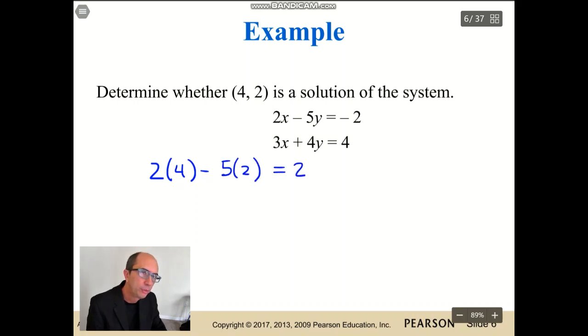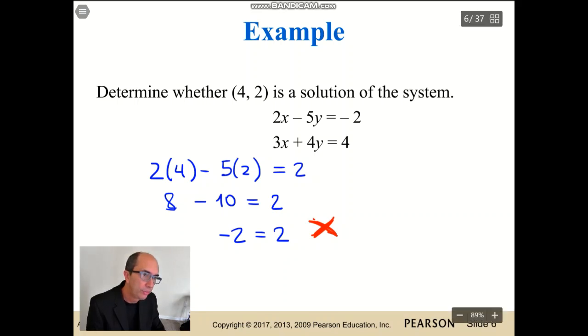Let's check. 2 times 4, 8. 5 times 2, 10. But we have here 8 minus 10, -2 equals 2. This is not true. So it's not a solution of the first.